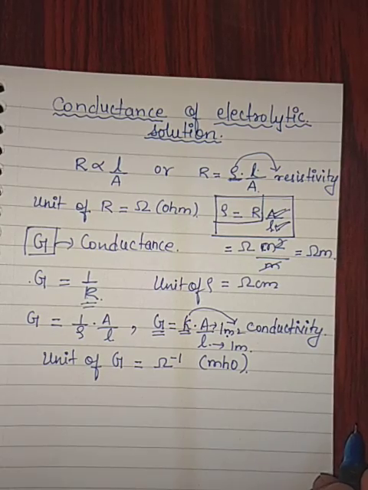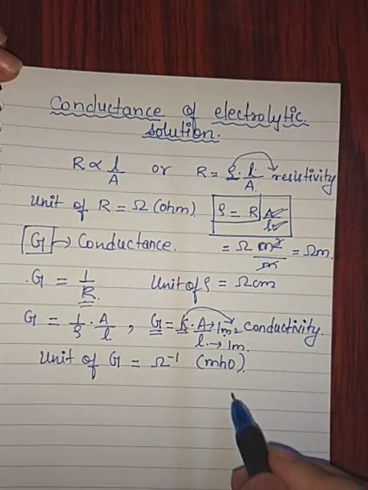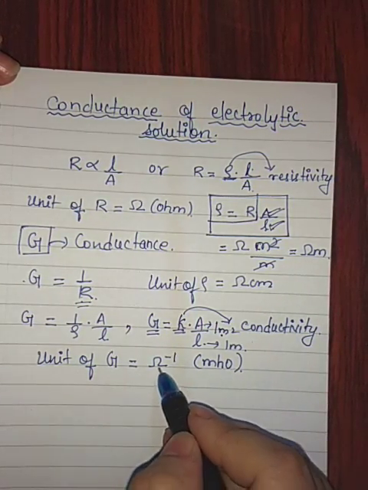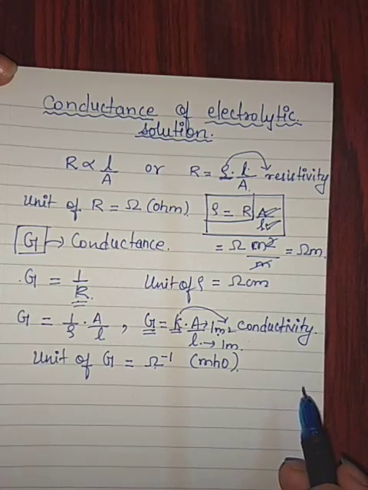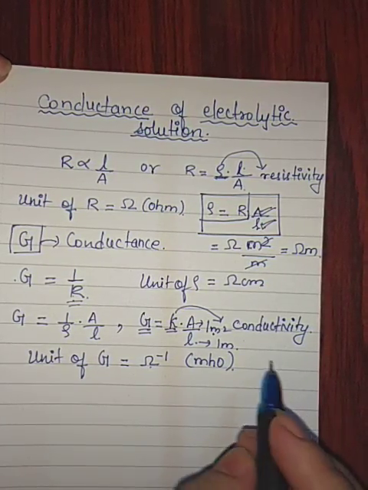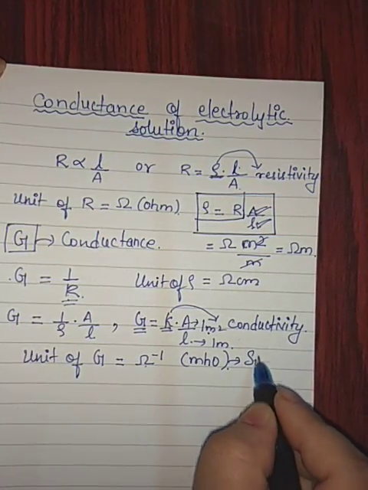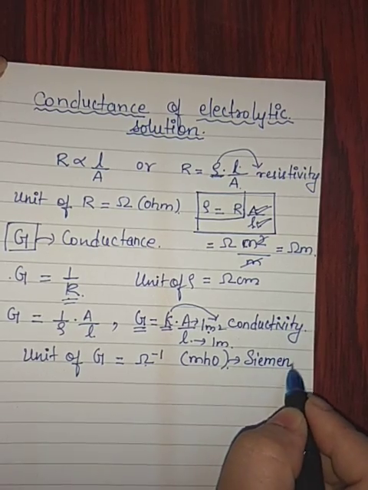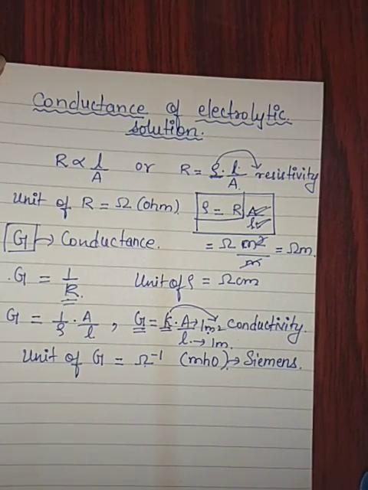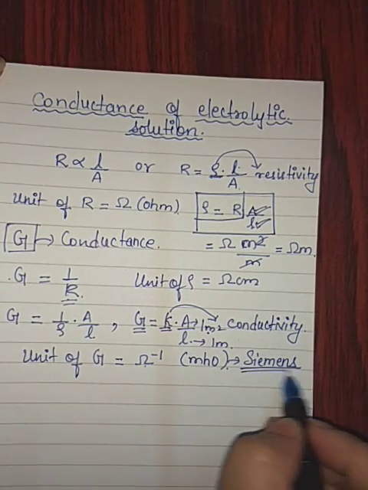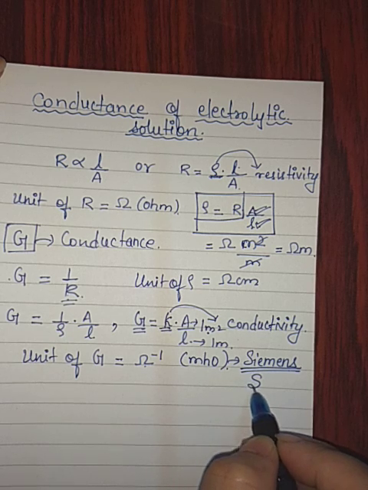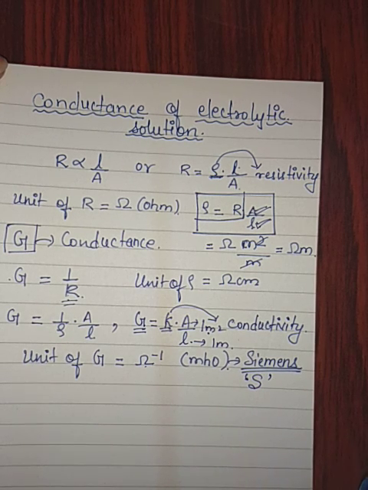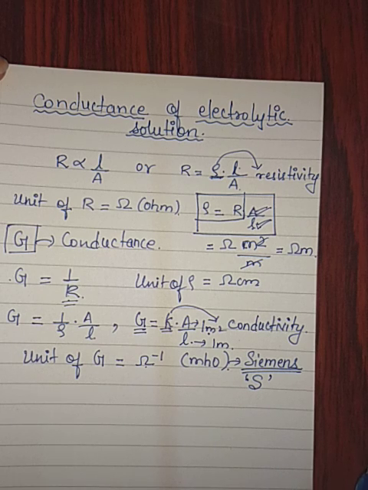So it's very simple. Ohm, you reverse it to be mho or ohm inverse. This is given a new name, Siemens. So it is denoted by symbol S, capital S, Siemens. So unit of G conductance is Siemens.